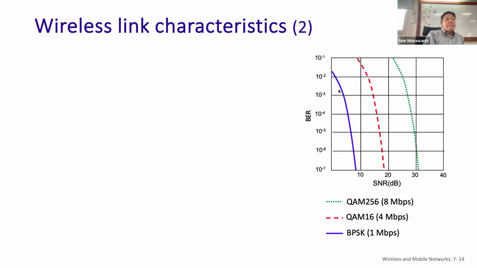What about the other dimension of three different colors? How are these three colors different? So one figure of merit is the signal to noise ratio. The other figure of merit is bit error rate. What do the colors represent?